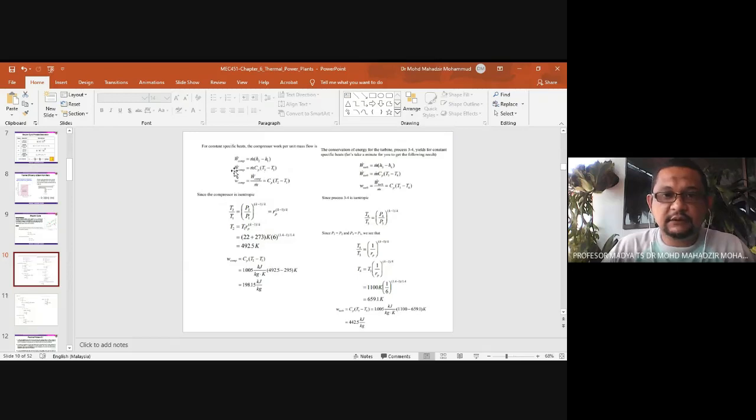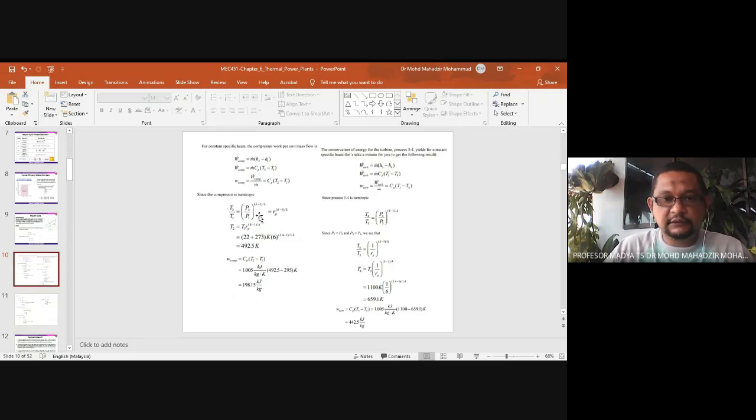So based on the work of the compressor, at process number one, that means states 1 and 2, the work of the compressor can use these equations. So you must find T2 and T1. Temperature 1 has been given, I think.